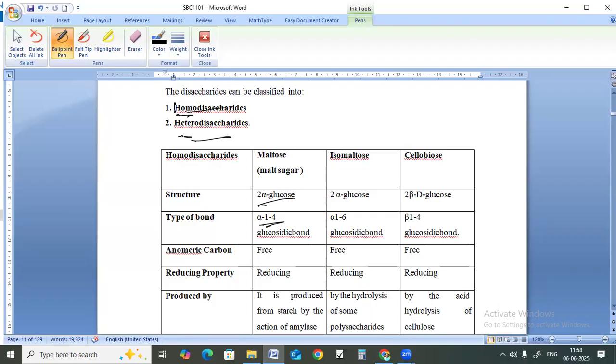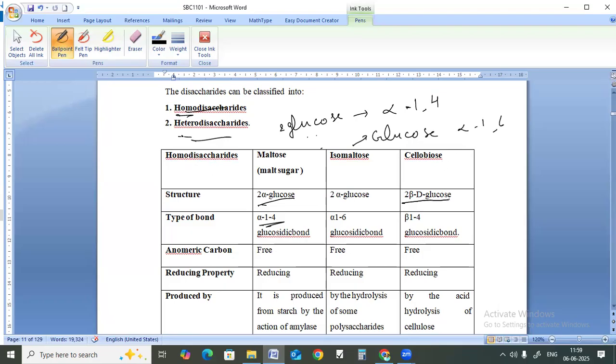Maltose is the homodisaccharide that mainly contains 2 glucose units linked with the alpha-1,4-glycosidic bond. Whereas isomaltose is also containing glucose units, which are linked by alpha-1,6 glycosidic bond.